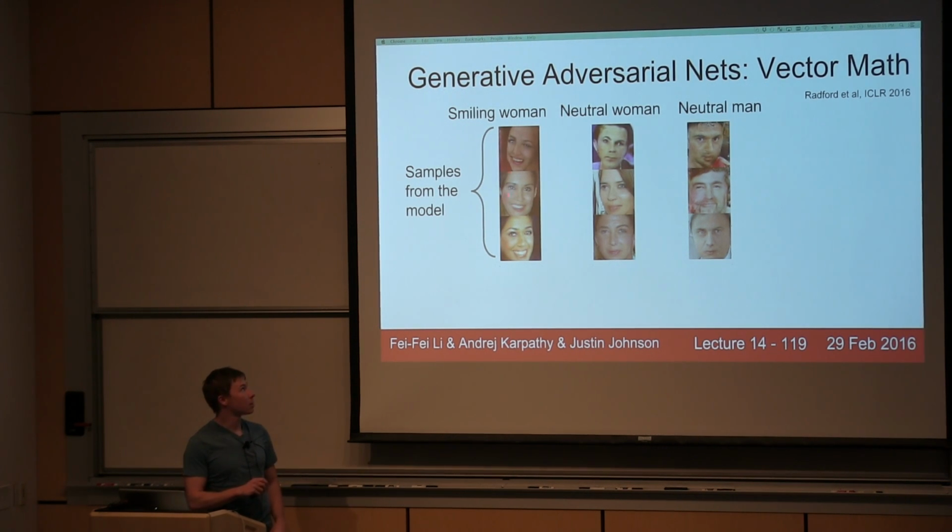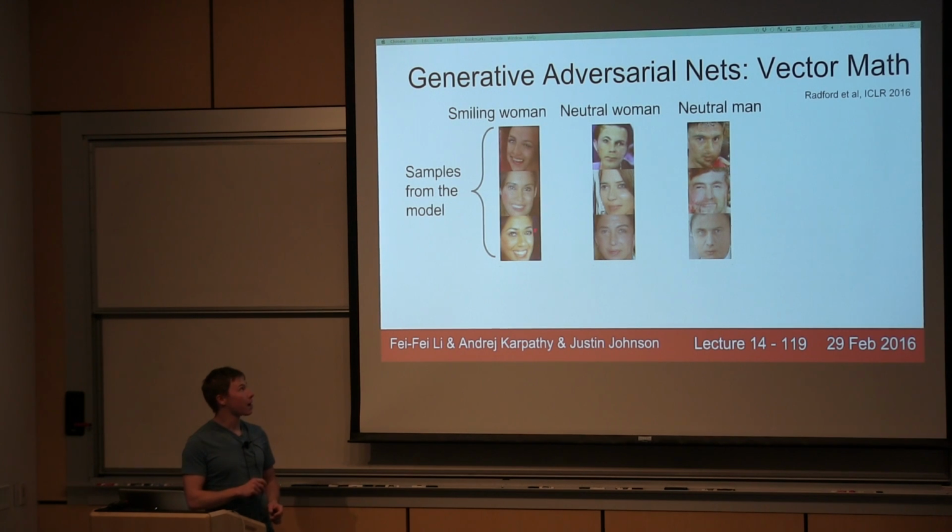Here are three images generated from the network that all look like a smiling woman. Those are human-provided labels. Here in the middle are three samples from the network of a neutral woman that's not smiling. And here on the right are three samples of a man that is not smiling.